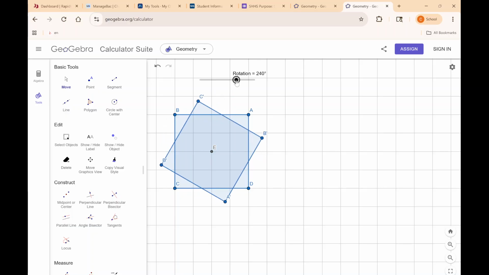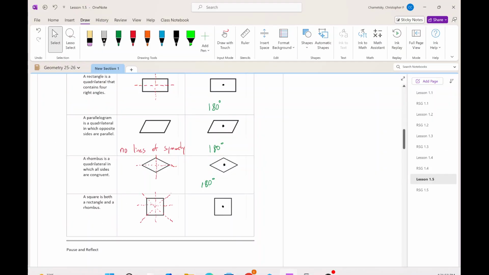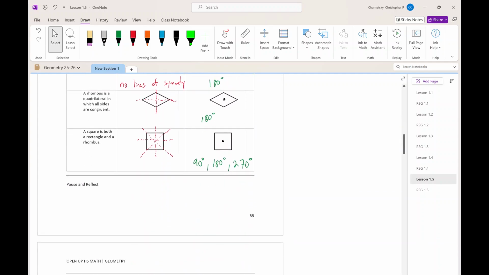And if we keep going another 90 degrees, at 270 would be our third rotational symmetry. So 90 degrees, 180 degrees, and 270 degrees. And those are our rotational symmetries.